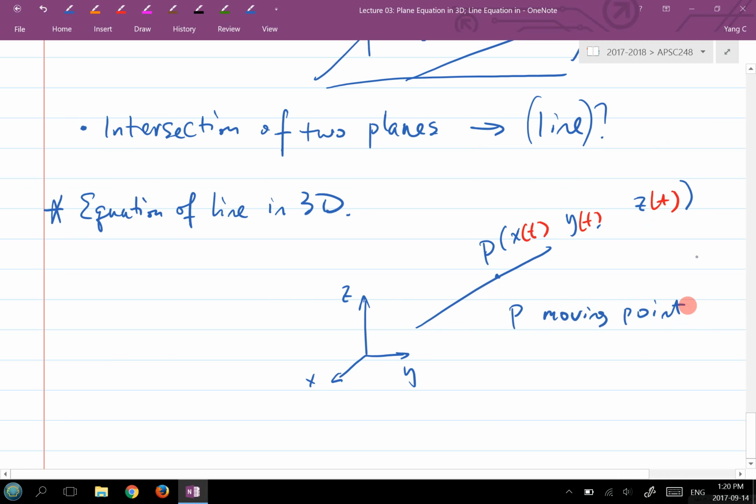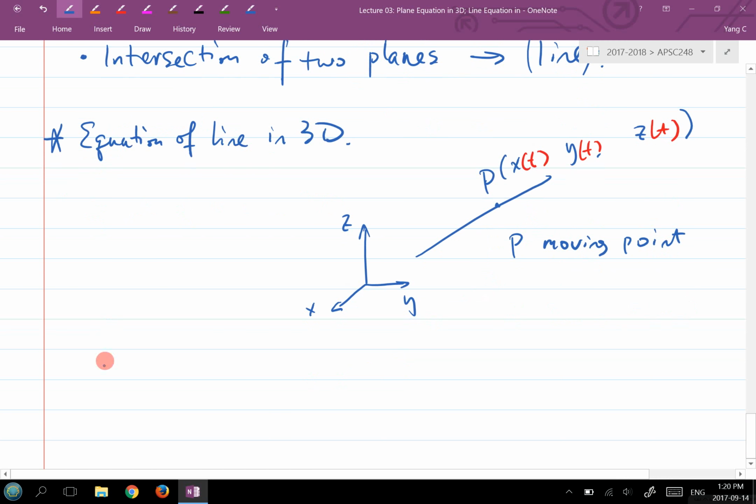So now we've got x of t, y of t, and z of t. But really what we want is an expression for x, for y, for z. At the same time, always remember this x, y, z is on the straight line, right? It's on the line here.